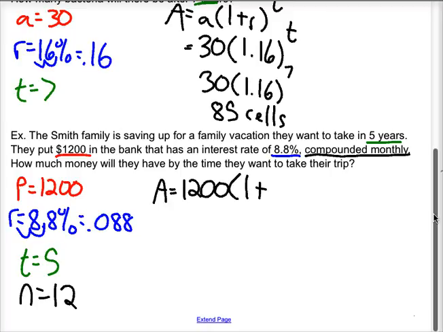So I plug all of this in. r over n, then n times t, or t times n, it really doesn't matter. The first thing I'm going to do is take 5 times 12 and call that 60. Just type that into your calculator first and get a single number there. It's easier later on if you just have a single number for your exponent.